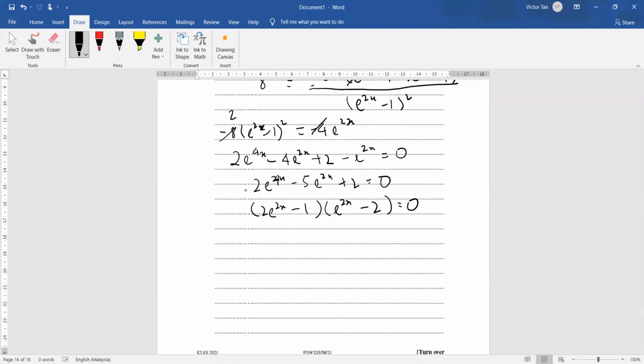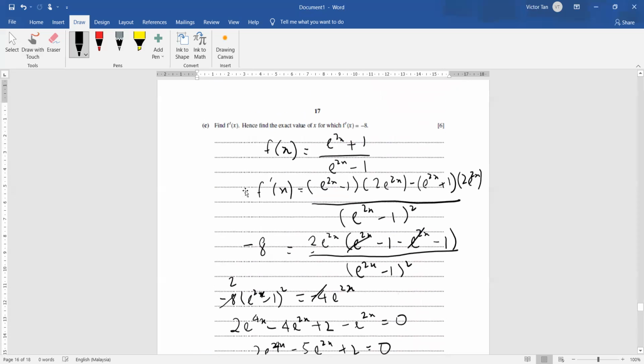Now, so we have e^2x equals to half, so 2x equals to ln half, x equals to minus half ln 2. Or e^2x equals 2, so 2x equals to ln 2, x equals to half ln 2.